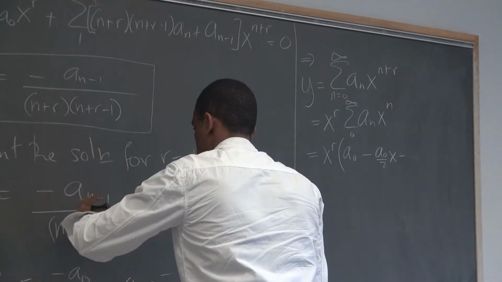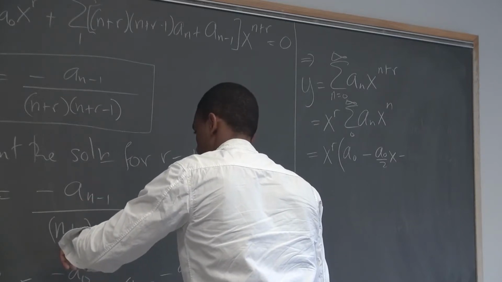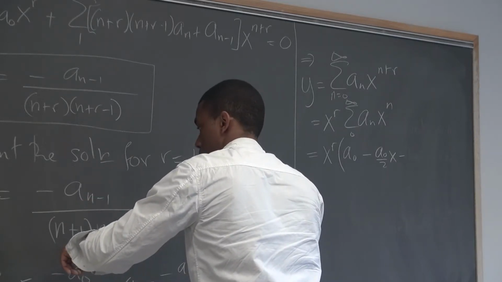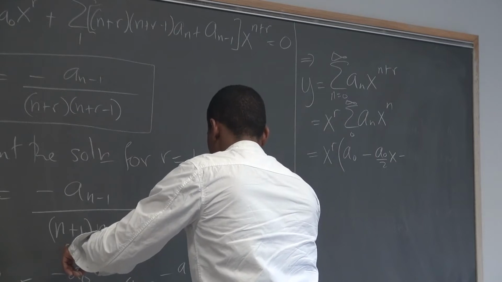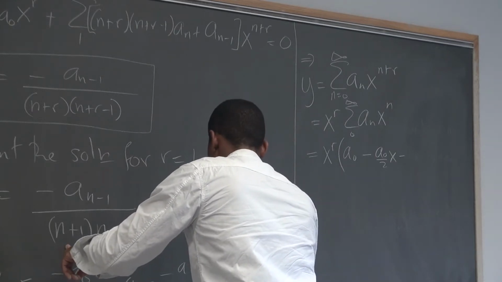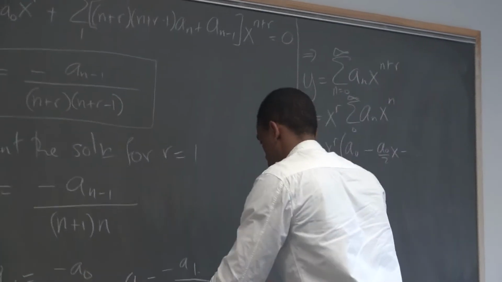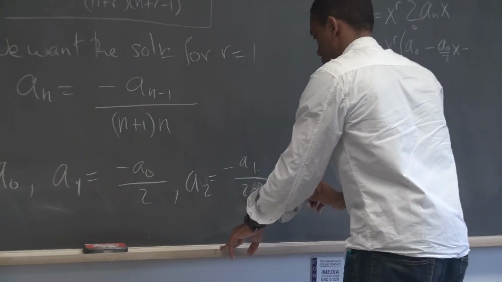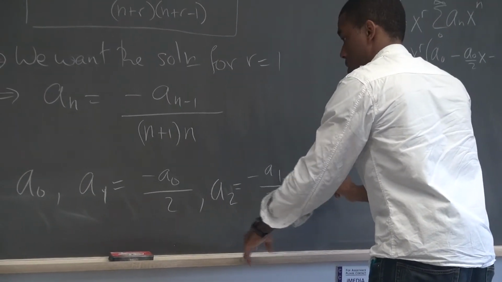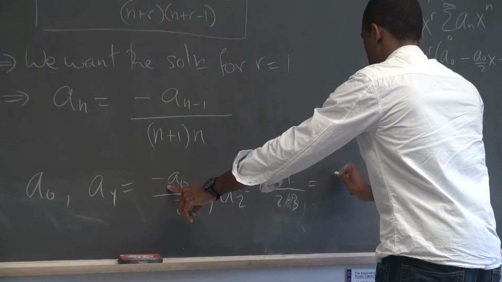A2 is when I put in 2 here, I get A1 here, and I get 2 times 3, which is equal to A1 is minus A2 over 2.